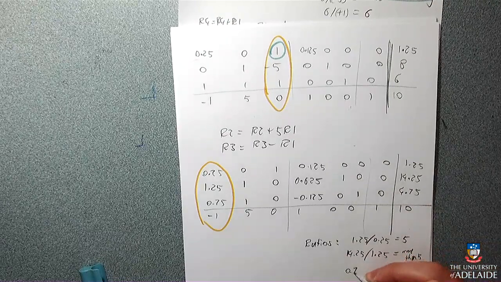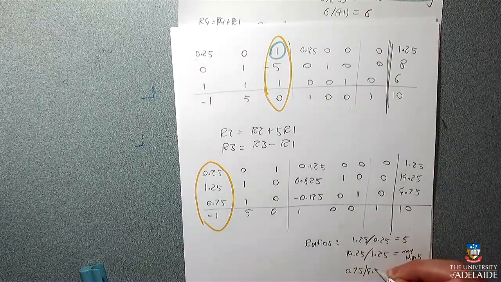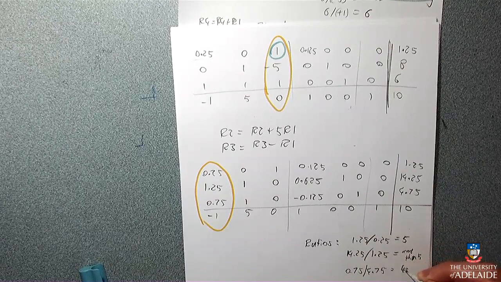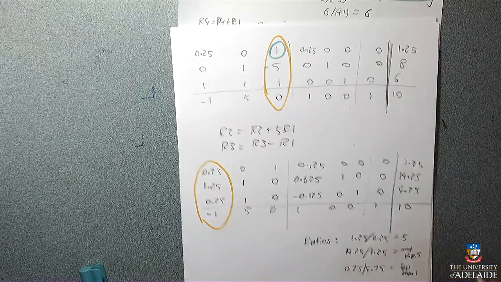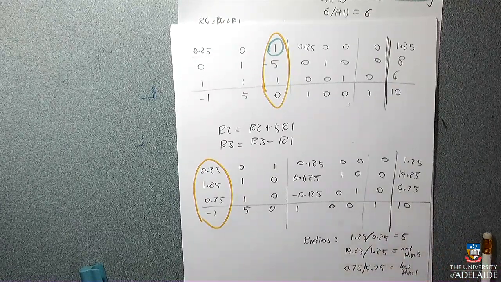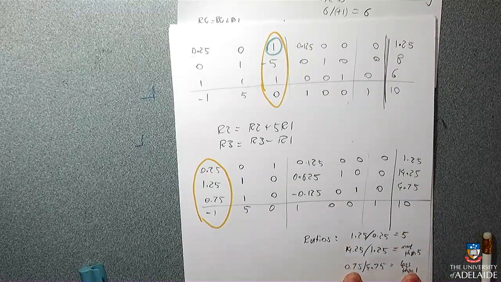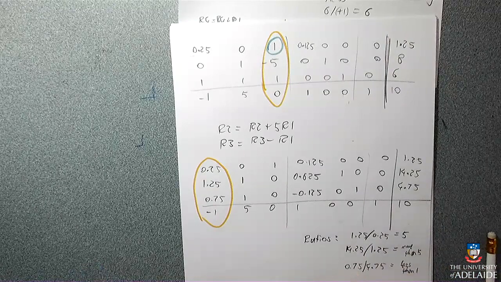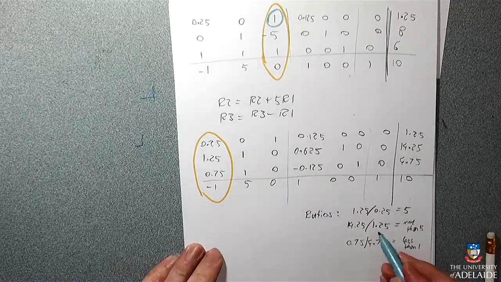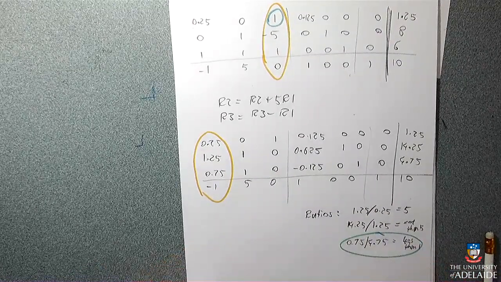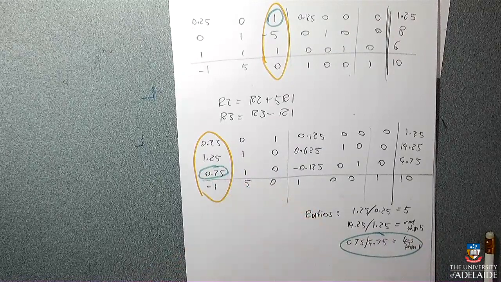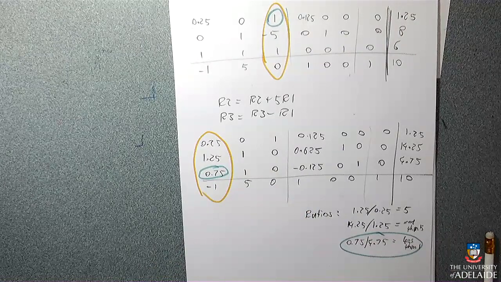And 0.75 divided by 4.75 is less than 1. Okay, so I needed to choose the smallest non-negative answer, which is this one. And so that's the one I want there. Okay, doing well.